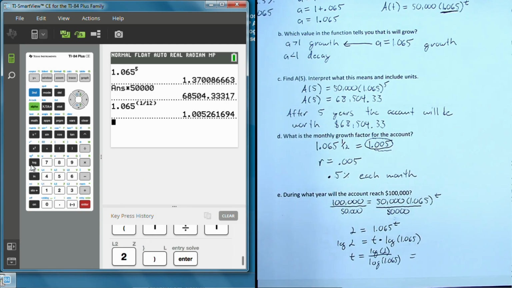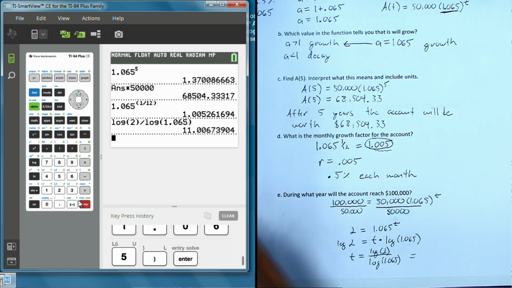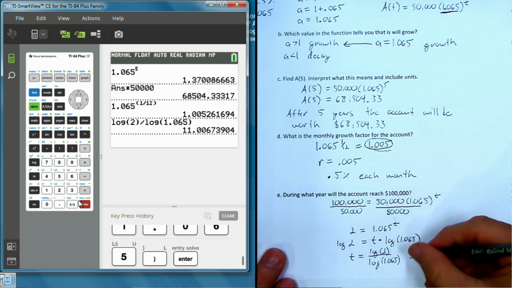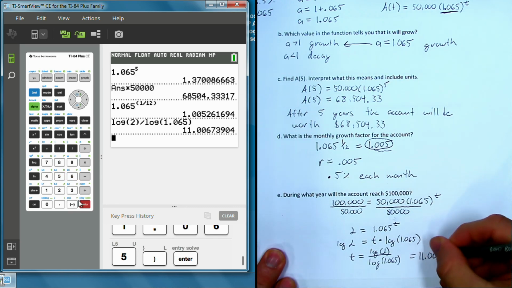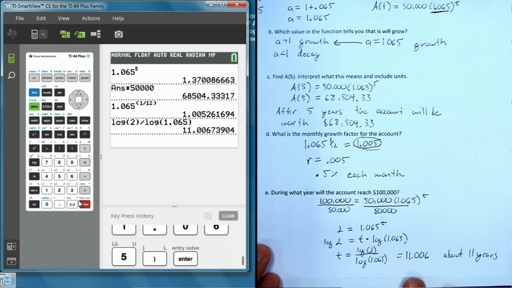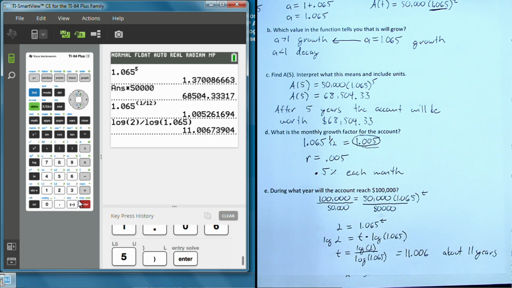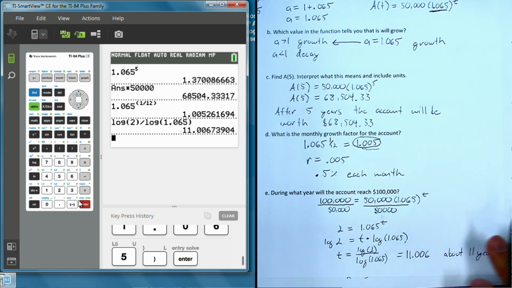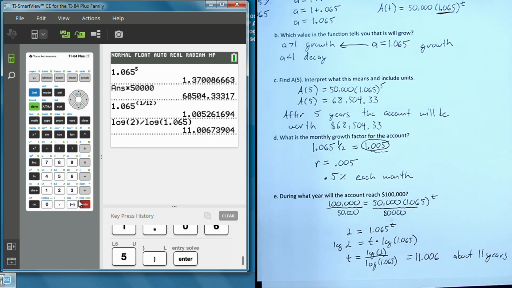Using the graphing calculator, log 2 divided by log 1.065 gives us 11.006, or in other words, about 11 years. Or 11.006 years, depending on how you're asked to round. And that's it.